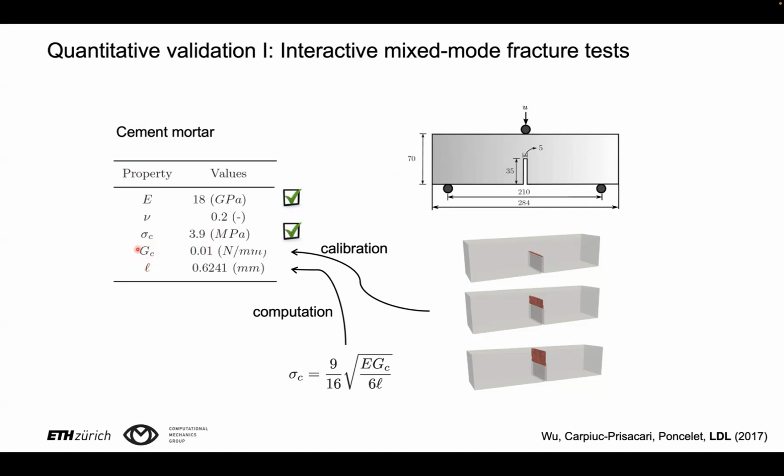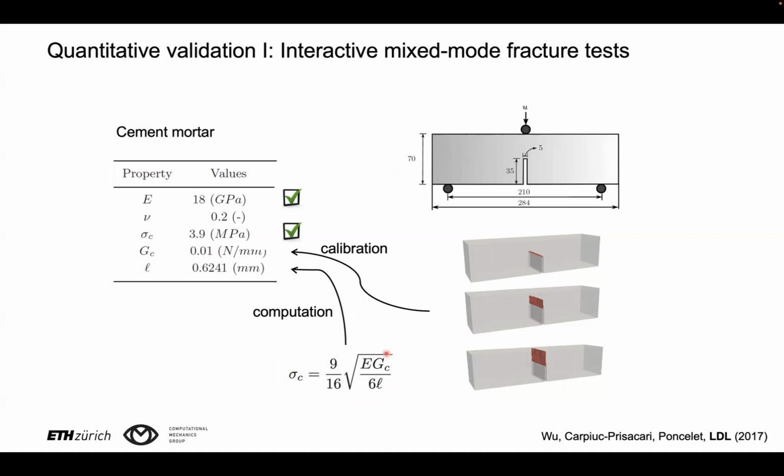Now for the fracture toughness GC, we were basically reproducing with the phase field approach the 3-point bending notched tests that had been performed experimentally. And so we could calibrate GC based on a comparison between experimental and computational 3-point bending tests. And finally, another nice feature of the phase field model is that one can give a physical interpretation to the length scale, which I don't have too much time to expand upon.